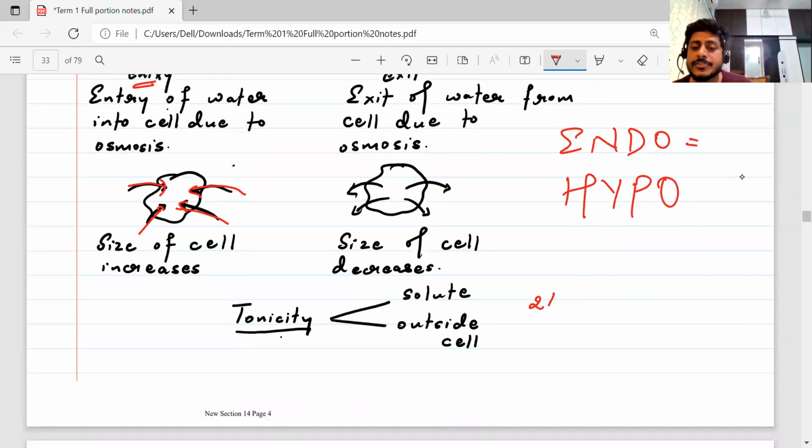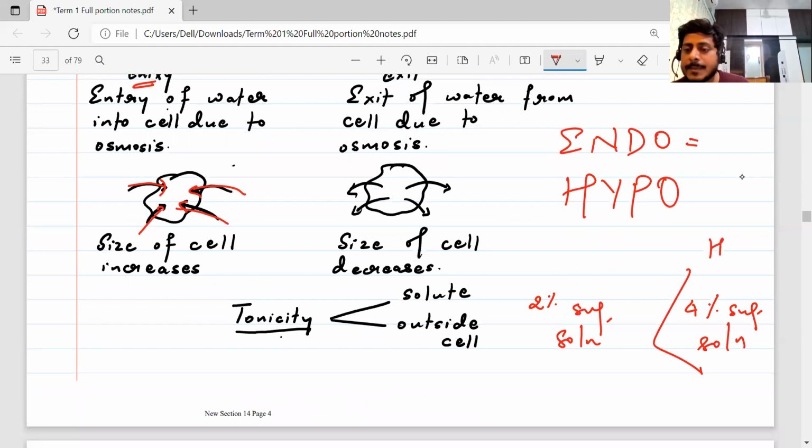So if there is a 2% sugar solution and a 4% sugar solution, the 4% sugar solution is hyper in comparison to the 2%, which is hypo.